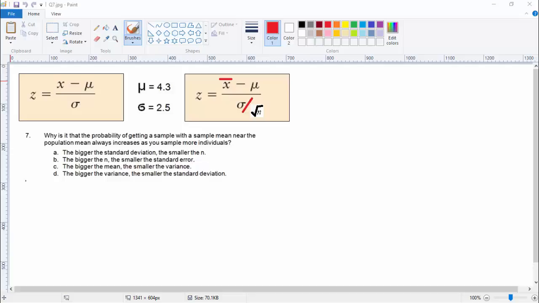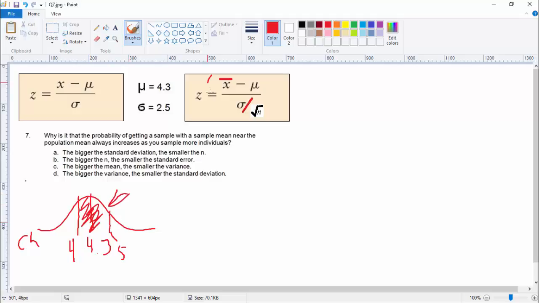So when you've got a situation like this, where your mean is somewhere at 4.3, and you're asking about this middle part, why is it that the more people you grab, the bigger your probability you're going to find the mean, this x bar, to be in there?